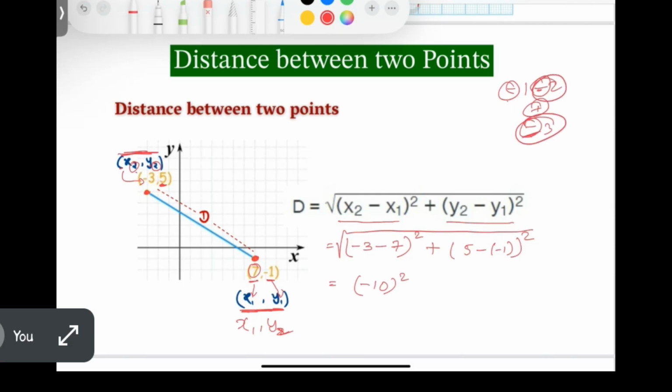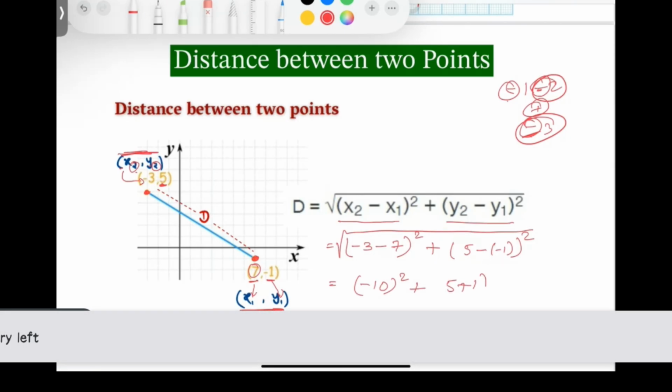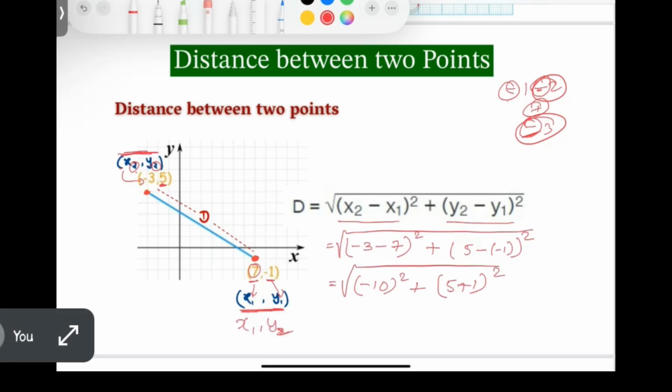Like that, okay? So -3 and -7 is -10. Plus, what about here? 5 minus into minus will give me plus 1, whole square. So there's a root over here. 10 square is how much? 100. Plus 5 plus 1 is 6, so 6 square is nothing but 36. So root over this one, which means our answer here is root over 136.